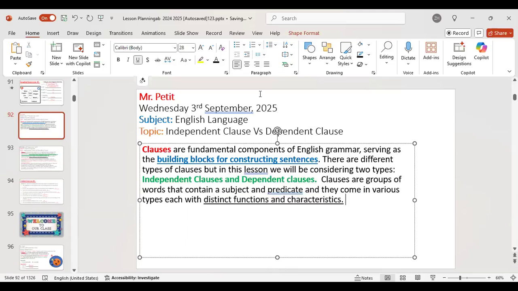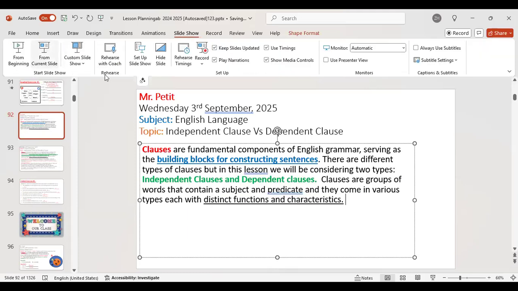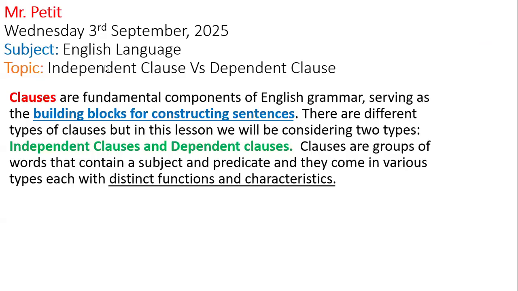All right. So go ahead, Ashanti, are you there? Where's Ashanti? Yes, sir. Read the paragraph that we have, please. Clauses are fundamental components of English grammar, serving as the building blocks for constructing sentences.